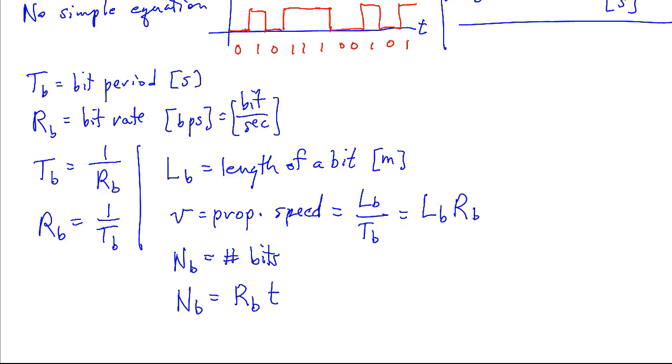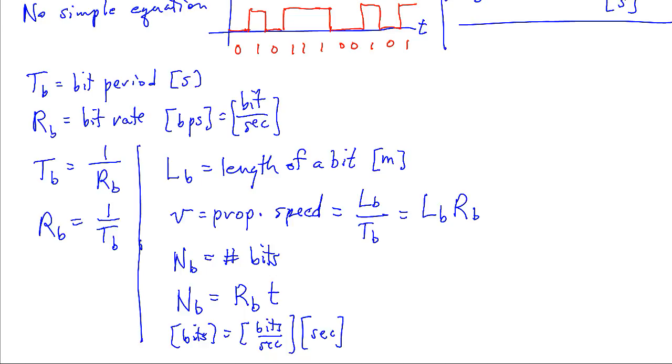Okay, so for example, you have bits, units of bits on the left, you have bits per second in your bit rate, and you have seconds in your time. So you can see the units work out, and this is a way of calculating the amount of time it takes to send a file.